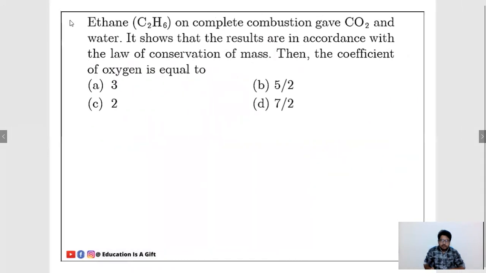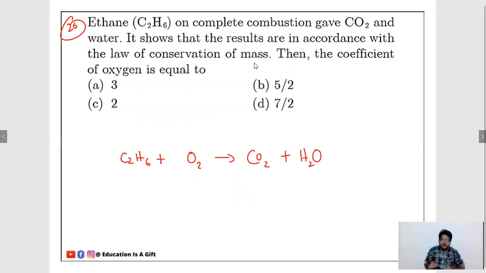26th question. Ethane C2H6 on complete combustion, in the sense that it should be reacted with oxygen, gives rise to CO2, carbon dioxide, and water, H2O. Fine. It shows that the results are in accordance with the law of conservation of mass.